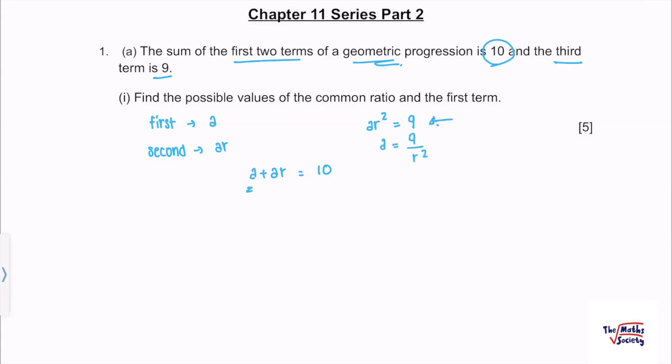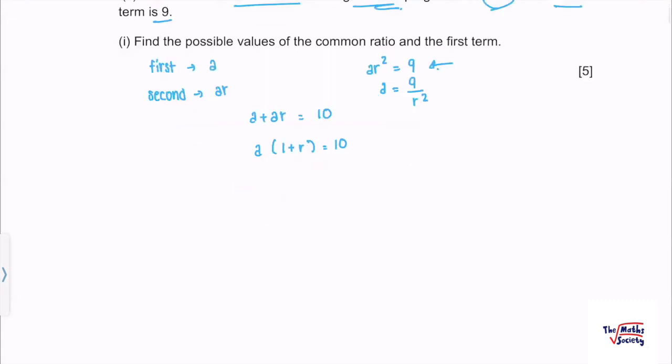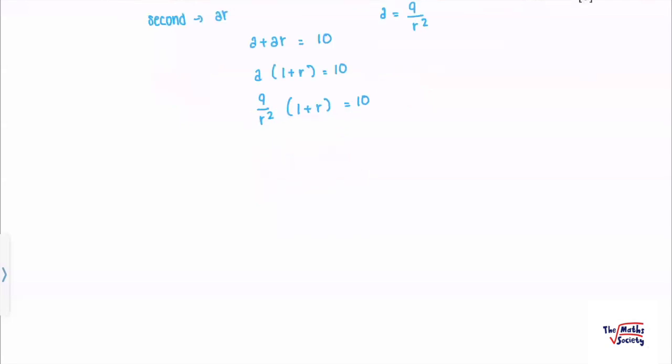So here we have a. Then a plus ar, that's a(1 + r), and that's going to equal 10. And we know that a is equal to 9 by r^2. So 9 by r^2 times (1 + r) equals 10. If we multiply through, we have 9 plus 9r equals 10r^2.